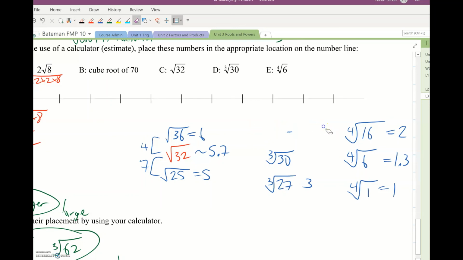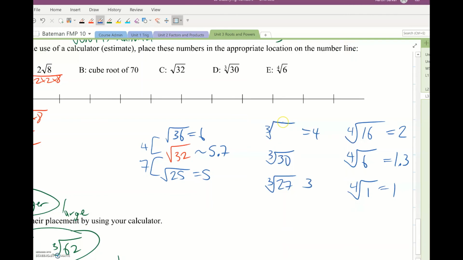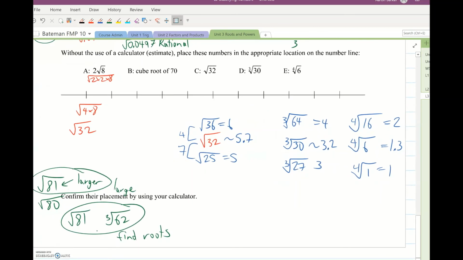And so if that's a 3 below, this is definitely a 4 above. And the fourth root would be 4 times 4 is 16. And what's 16 times 4? 64. And so we're really close to the 3. So we're probably like 3.1 or 3.2. Okay, good. So now we can kind of estimate where to put these.